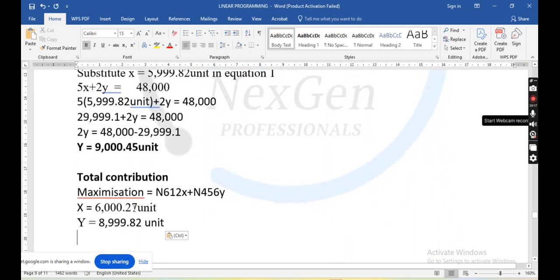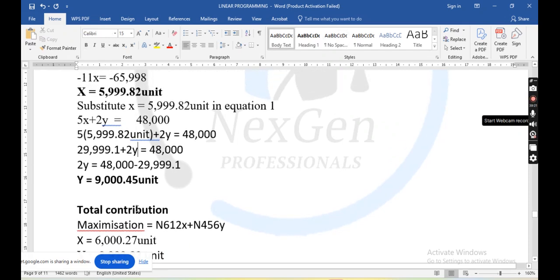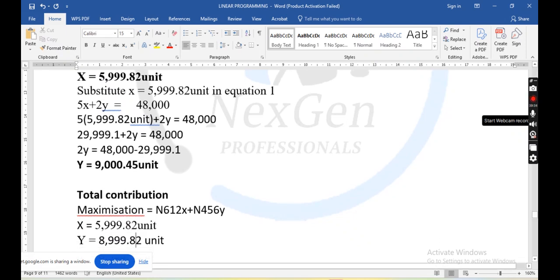So x now we change to 5999.82. Y we change to 9,000.45.